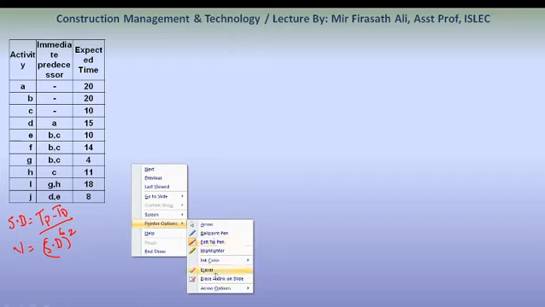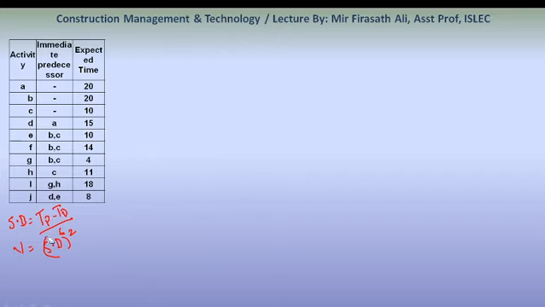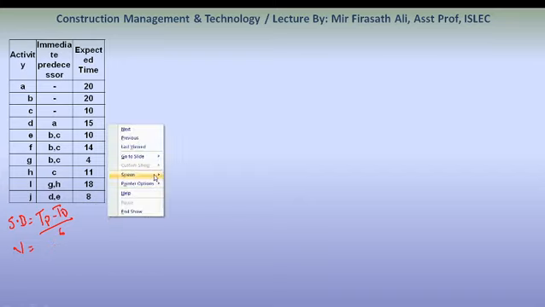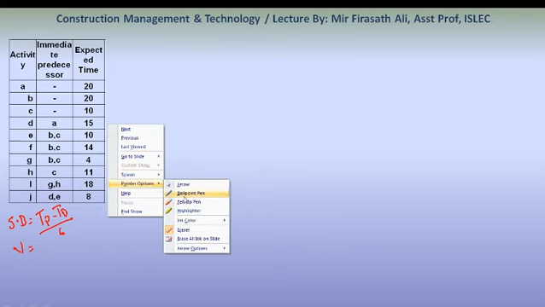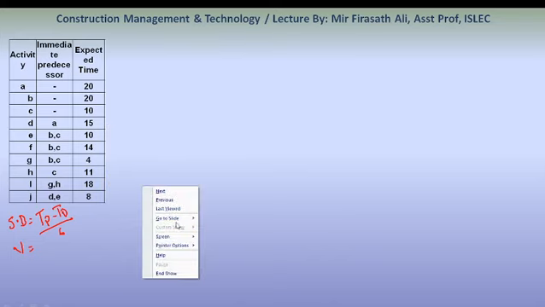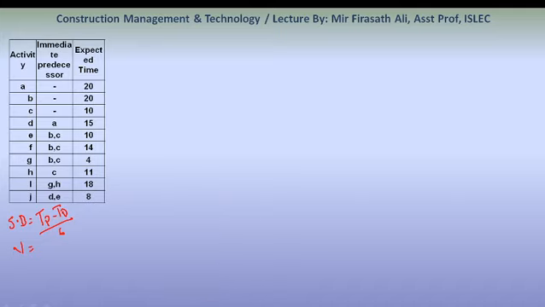Once again, these two things get mixed up with each other, that's why I am writing it once again over here. The formula for variance is the standard deviation whole squared.